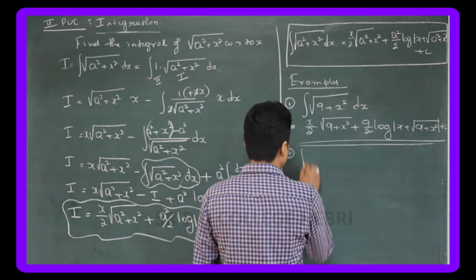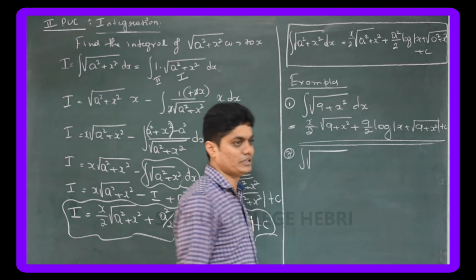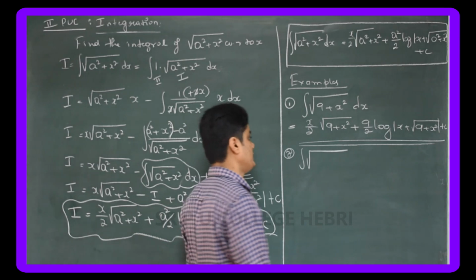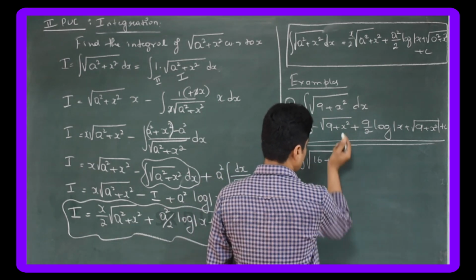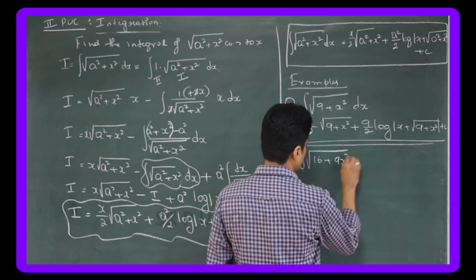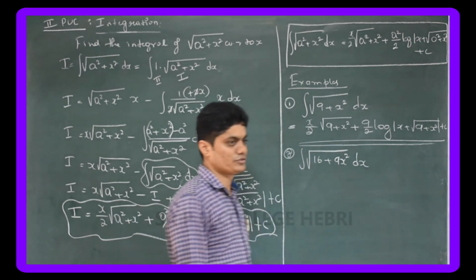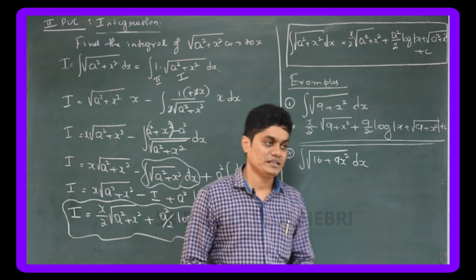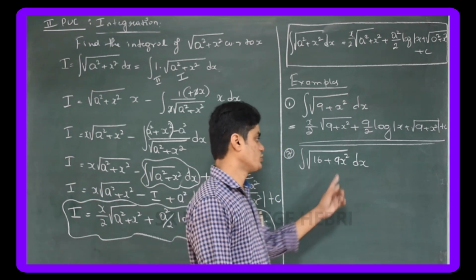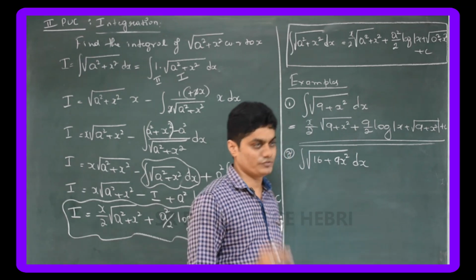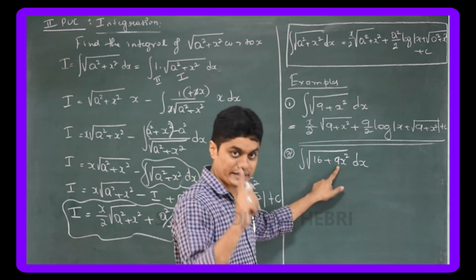Okay, let me take one more example here, where you have some work to do before writing the formula. For example, the question is root of 16 plus 9x square. See here you cannot directly apply the formula. What is the reason? Yes, the coefficient of x square is other than 1. So first of all you have to make the coefficient of x square equal to 1.